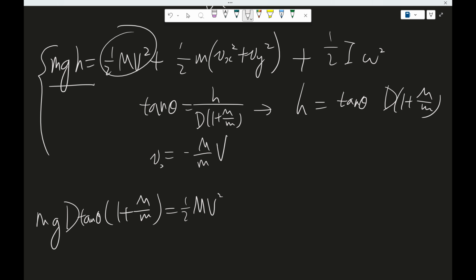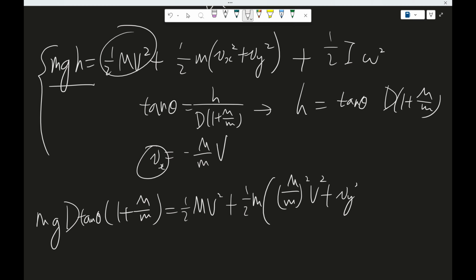And then next, sorry, I meant vx equals negative big M over small m times big V, because that's the horizontal momentum conservation, plus half m, that would just be M over m squared big V squared plus Vy squared. So this one we haven't figured out yet, but I'll tell you next what we should do. Plus half I omega squared. Remember that I is beta m r squared in this case. So we have half beta m r squared of V squared over R squared.